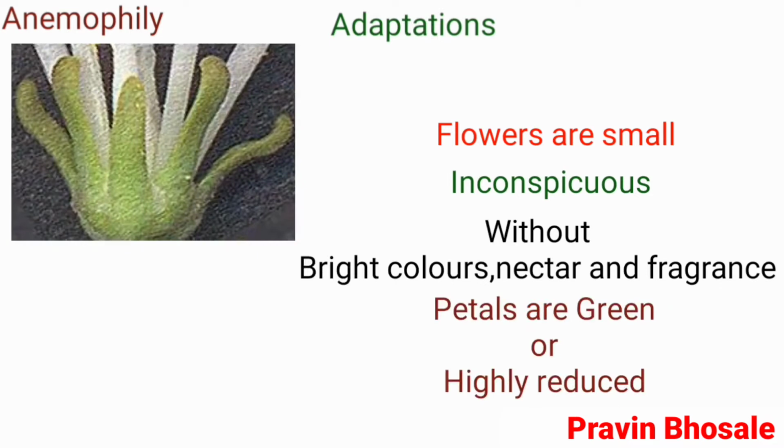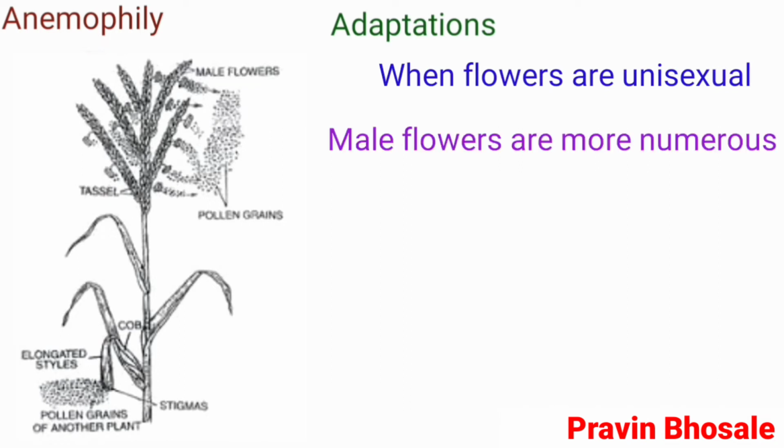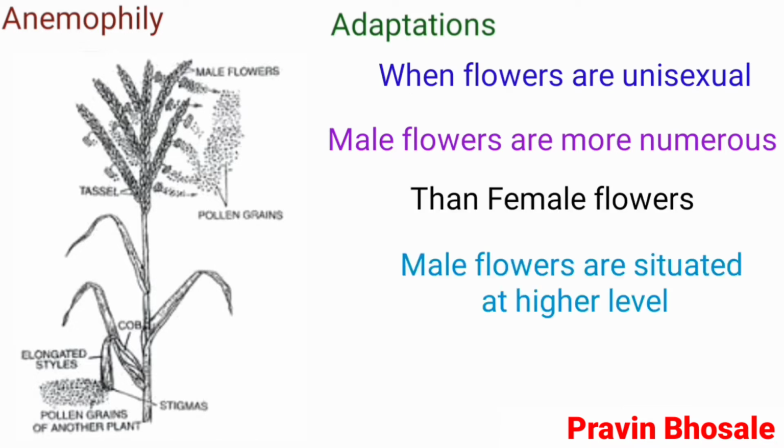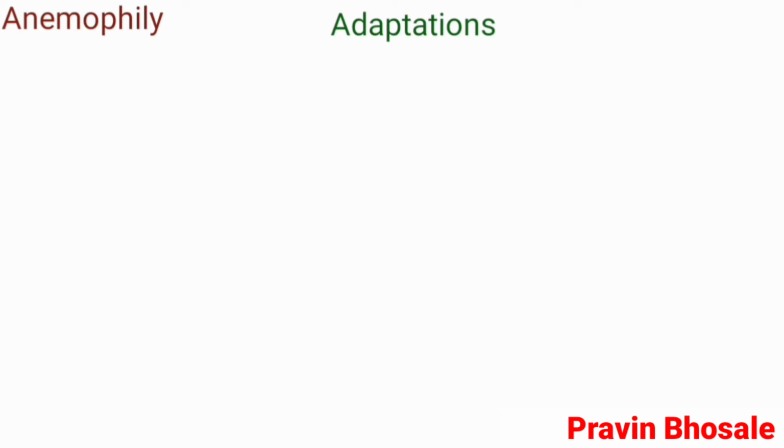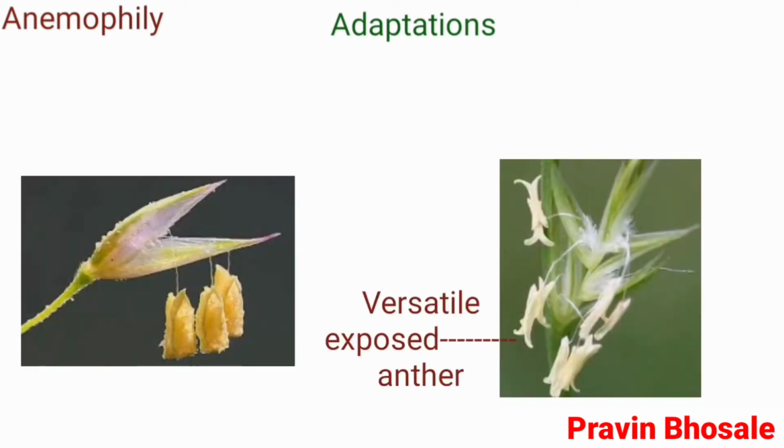Petals are green or highly reduced. When flowers are unisexual, the male flowers are more numerous than female, and male flowers are situated at a higher level. Stamens have long filaments, versatile and exposed anthers.